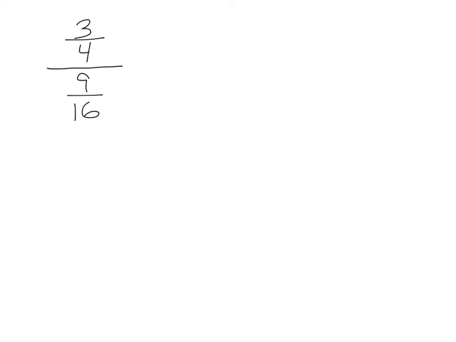So if we break this apart and go very simple on it, I'm going to use the main fraction bar, and say, as I said, 3/4 over 9/16, which is really 3/4 divided by 9/16.